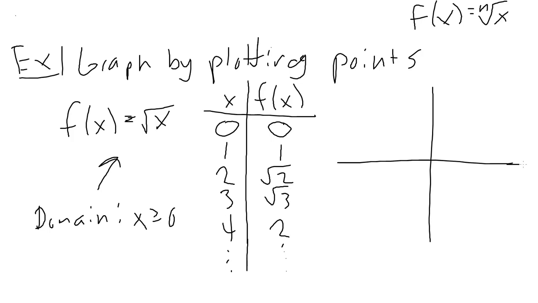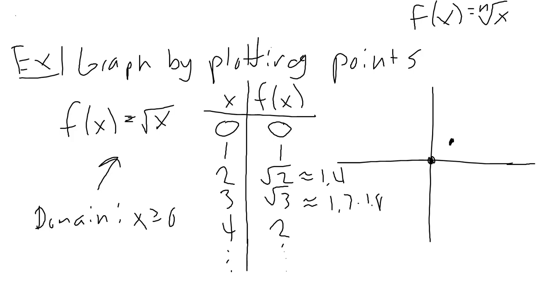Alright, so now the graph, we just plot the points. So 0, 0, and then 1, 1. And then root 2 is somewhere around 1.4. And root 3, I believe, is somewhere around 1.7 to 1.8.